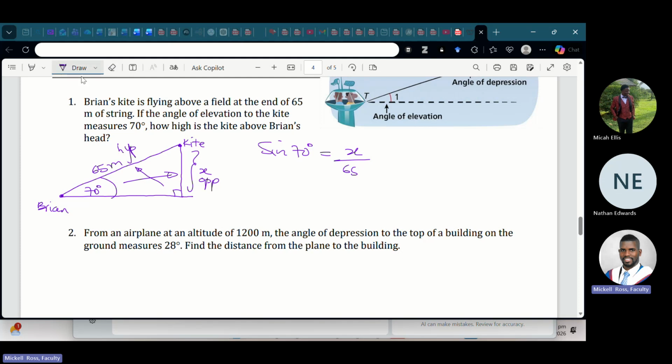If we are solving for x, we're going to get x is equal to 65 times the sine of 70 degrees. Working this out on a calculator, we end up with x equal to 61.08 meters.